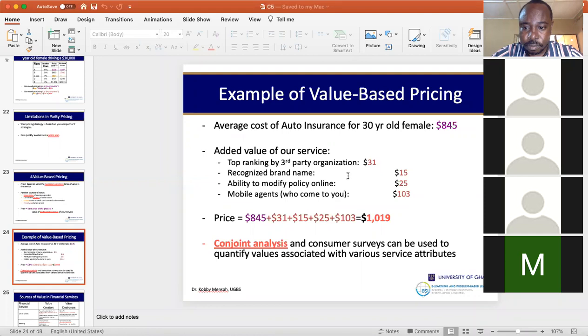Now another person walks in and says, I want to deposit maybe 3 bars of gold, which is worth millions of cedis, in your vault as safekeeping. Now these items will never have the same charge or pricing because of the value each of them brings. I agree. Yeah, you're right.